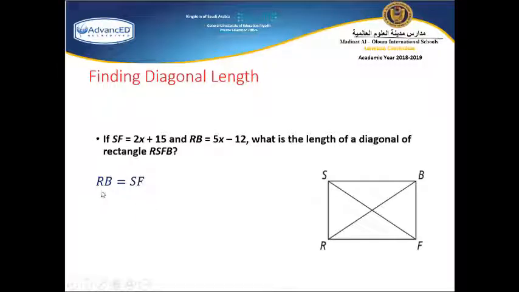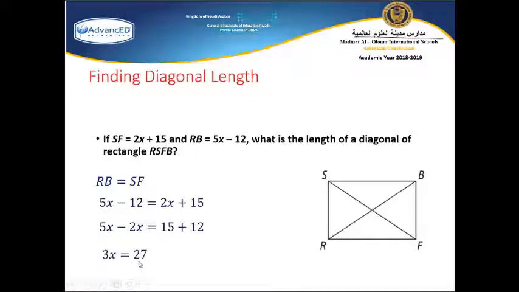Then let's make a substitution using the given expressions 2x plus 15 and 5x minus 12. They are equal. Then by solving this equation, we get 5x minus 2x equals 15 plus 12, then 3x equals 27, then x equals 9.